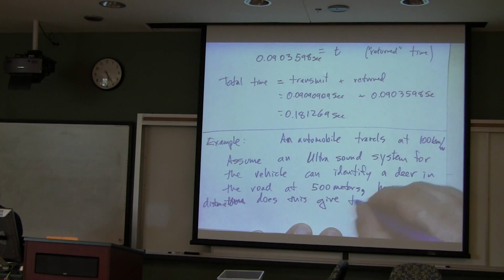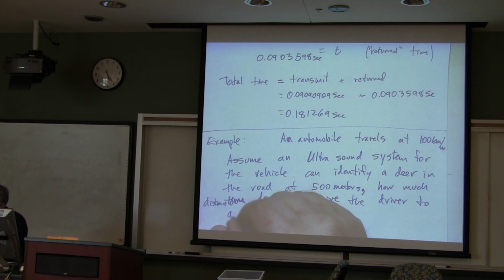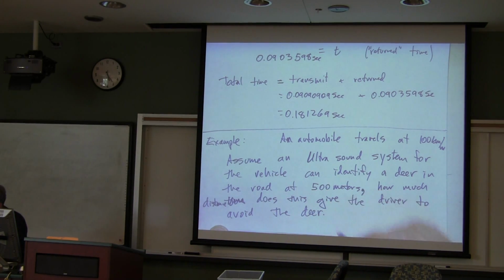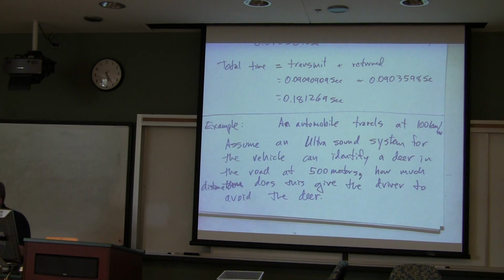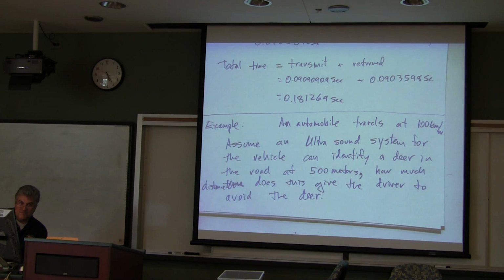How much distance does that give the driver to avoid the deer? Driver or automated system? How much distance? Yes, 500 meters. It's not that fast. No, 500 meters, by the time the signal comes back and identifies. It's a little bit.